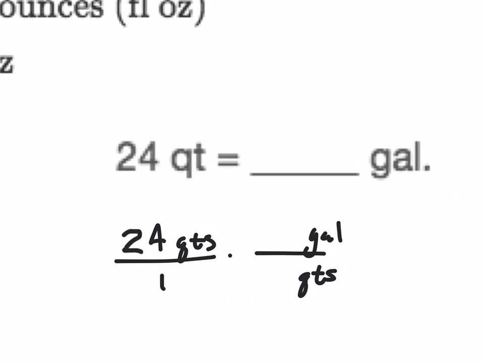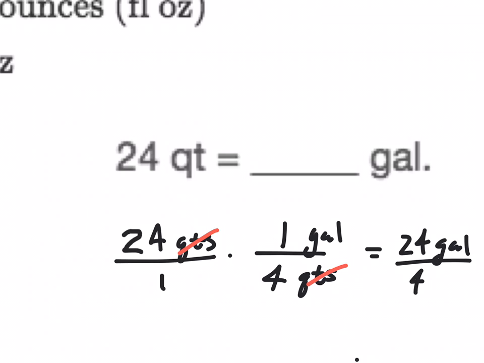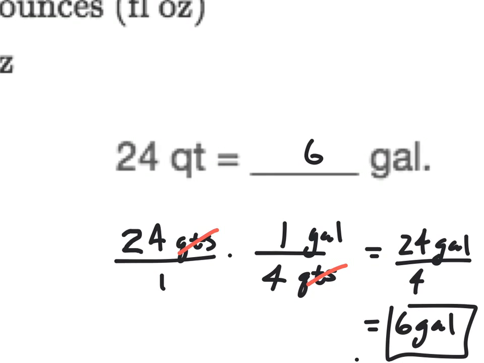So what I know is that 1 gallon is equivalent to 4 quarts. Then my quarts divide out, and we are simply left with 24 gallons over 4. If I take 24 divided by 4, that gives me 6 gallons. And that's all we're doing. Same thing as we've been doing.